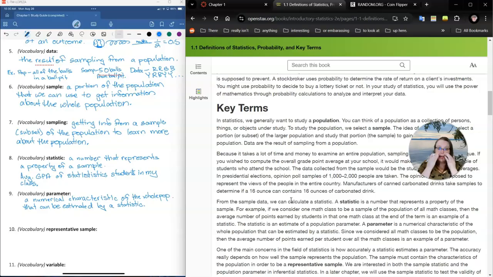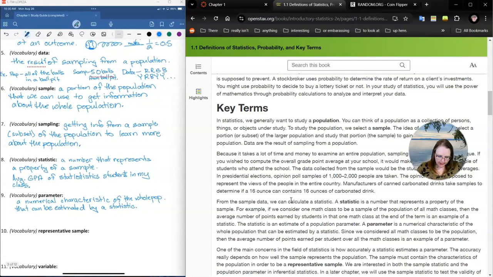So I feel like I absolutely need to start using these words in a way that is going to help me differentiate between them, because the way it's described in the book right now, statistic and parameter feel really similar. But a statistic, let me see if I can do a diagram. And again, however you do this to make it make sense to you is absolutely okay.